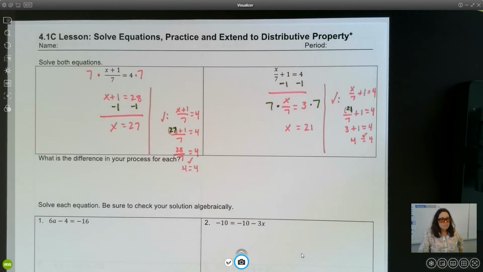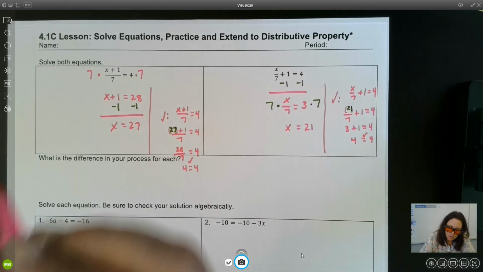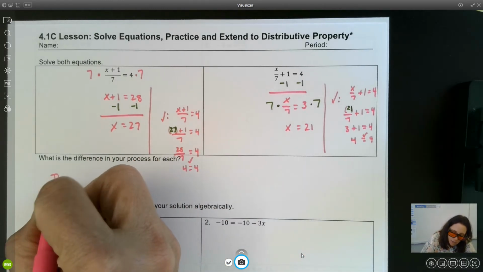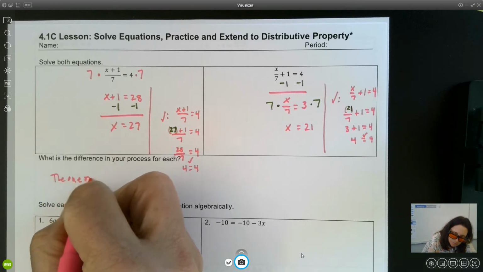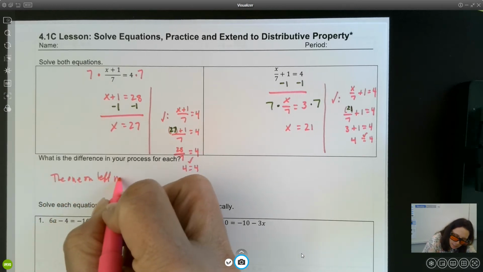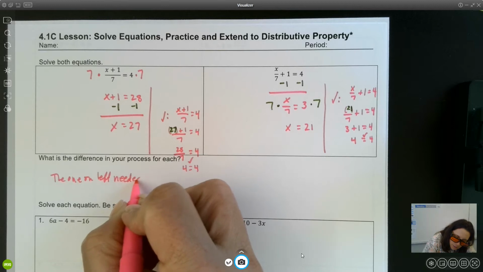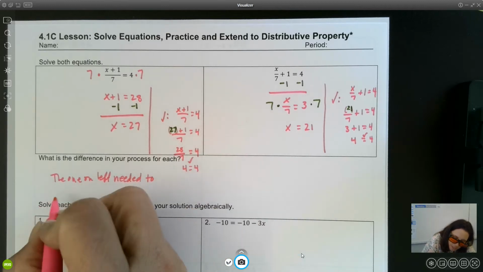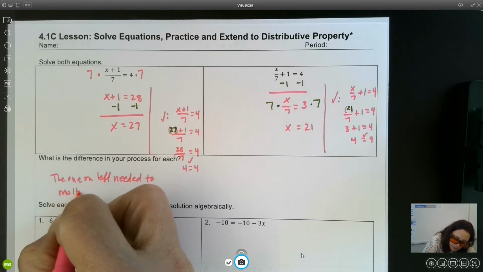Okay, so what is the difference in your process for each? The one on the left needed to multiply first.